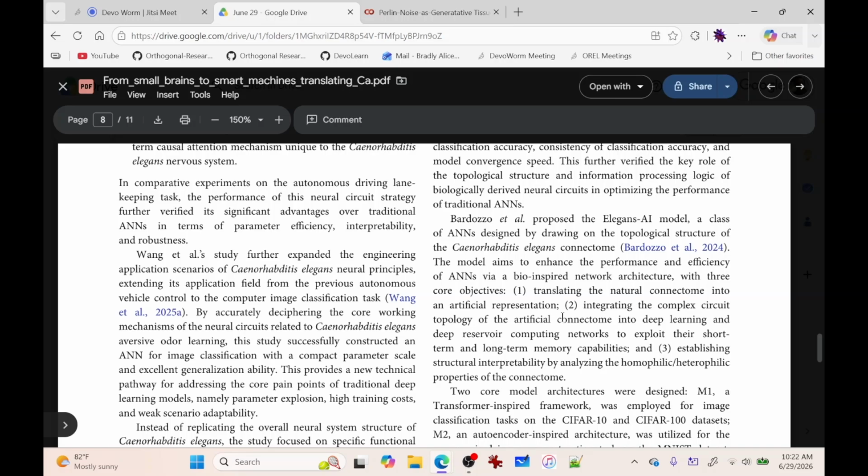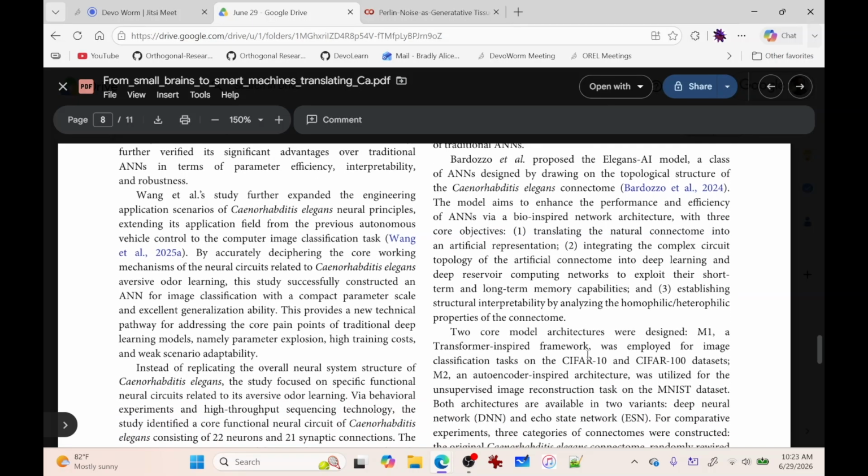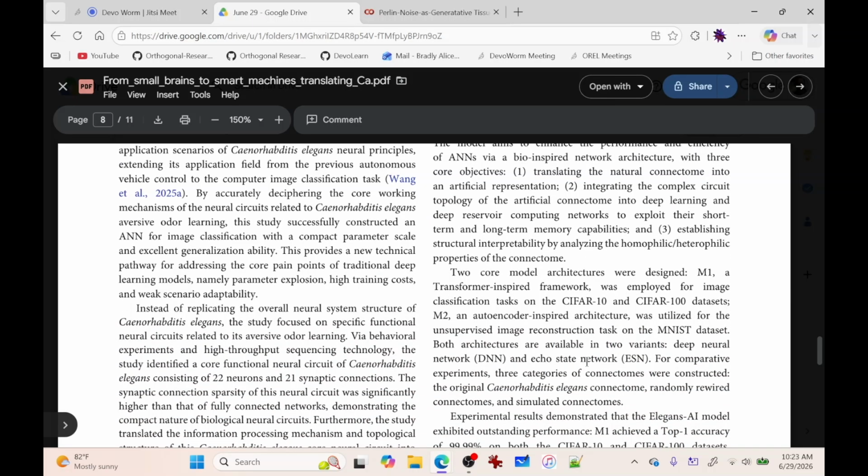Then they have the elegans AI model by Bardozo. This is where you're using C. elegans as a way to enhance the performance and efficiency of artificial neural networks. They design two core model architectures.